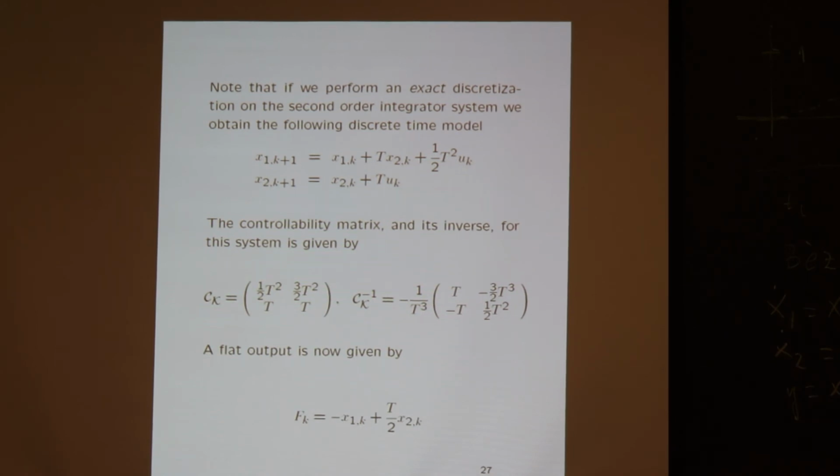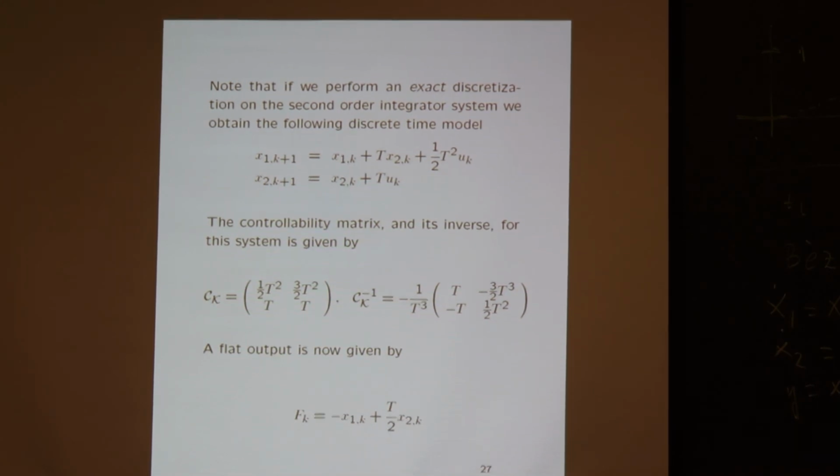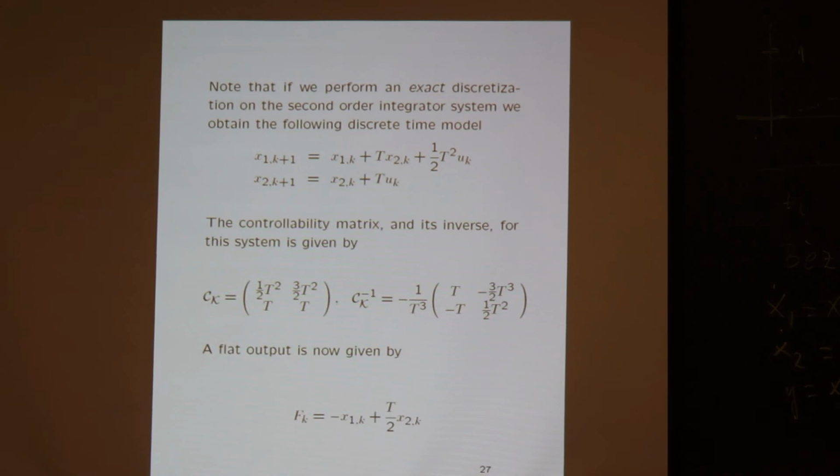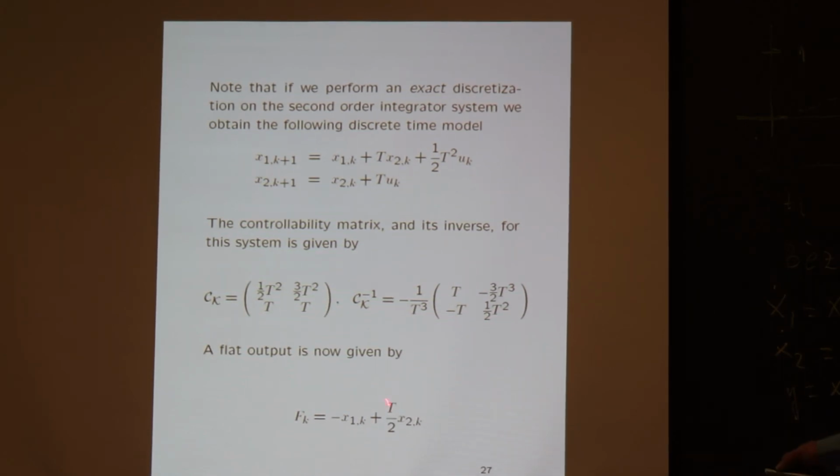So the dynamics is quite different. As you can see from here, the control input enters both channels. And this is very useful when the sampling period is not very small. If the sampling period is very small, then the flat output tends to be the first state.